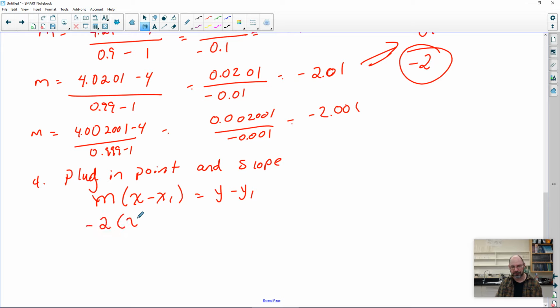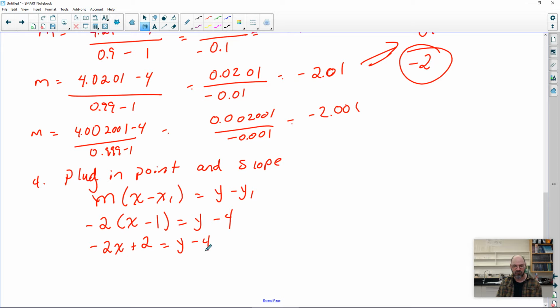So x minus 1, because it's (1, 4), equals y, and this one is minus 4. Now, if you rearrange this, -2x plus 2 equals y minus 4. It doesn't matter if you put these points in the beginning as well. It would still give you the same idea.